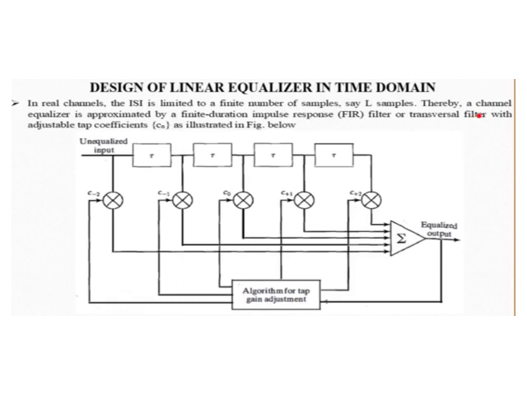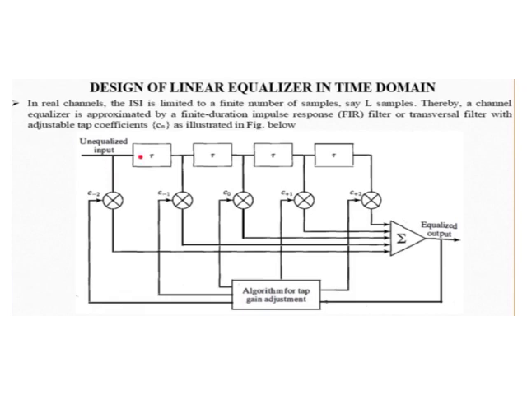Therefore, a channel equalizer is approximated by a finite duration impulse response filter, this FIR filter, or it can be approximated by a transversal filter with adjustable tap coefficients Cn, as we can see in this diagram.